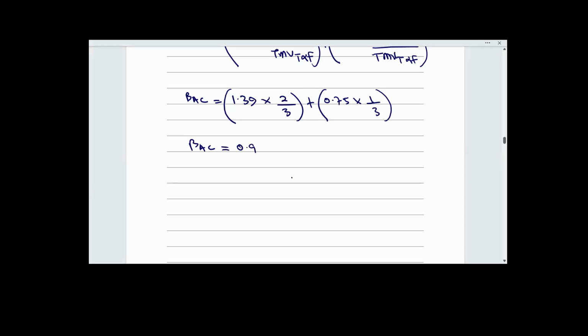Here is 0.93 plus 0.75 divided by 3 equals 0.25. You add the two together, beta asset of the combined, 0.93 plus 0.25 equals 1.18. Okay, thank you. So that's step 4.